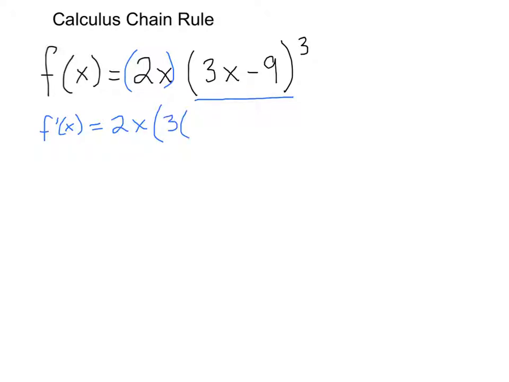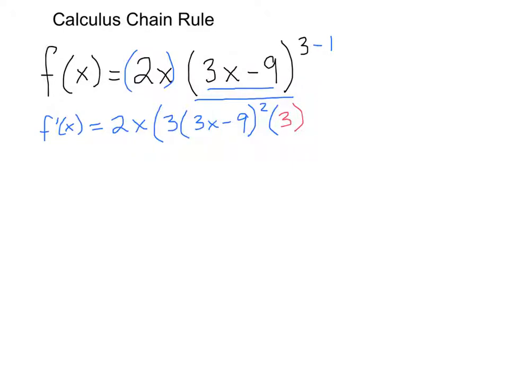And then don't change the inside. 3x minus 9. And I'm going to reduce my power by 1, so it'll be squared. And then I need to add my chain to it. So all my chain is I look what's inside the parentheses and I say, what is the derivative of the inside? Well, the derivative of the inside there is 3.